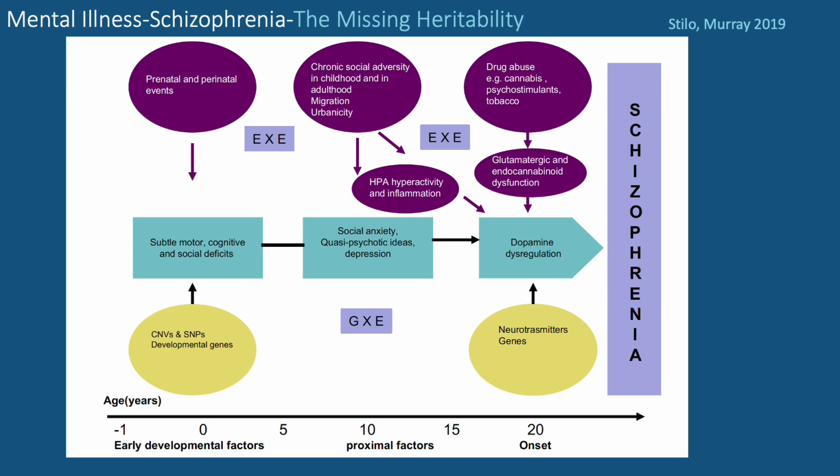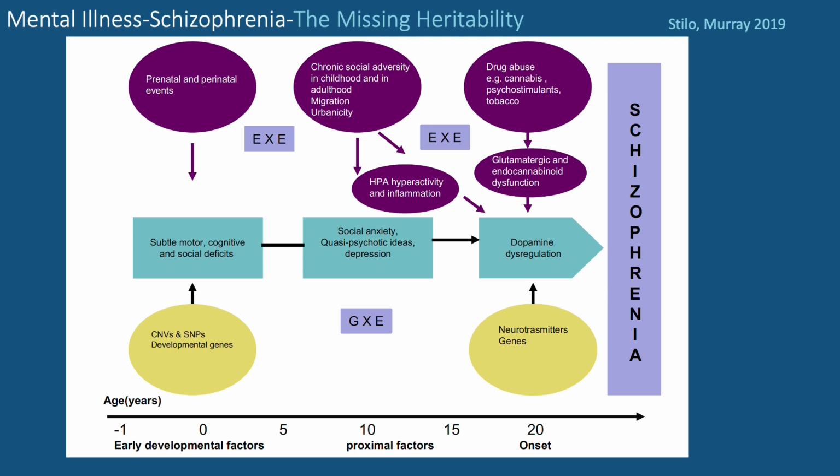Notice that around age 20 there is the word onset, because the majority of people that develop schizophrenia develop the disease around age 20, in the late teens and early adulthood.